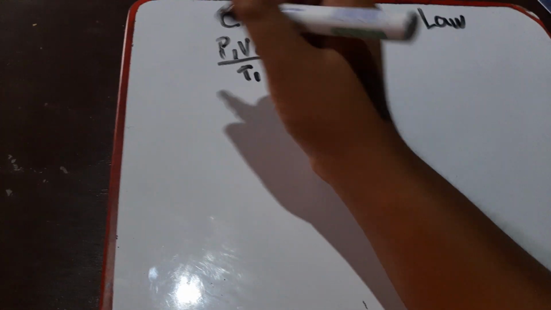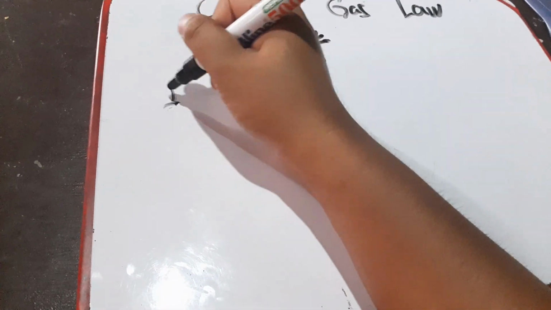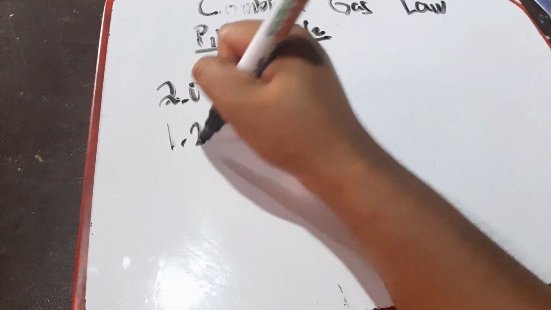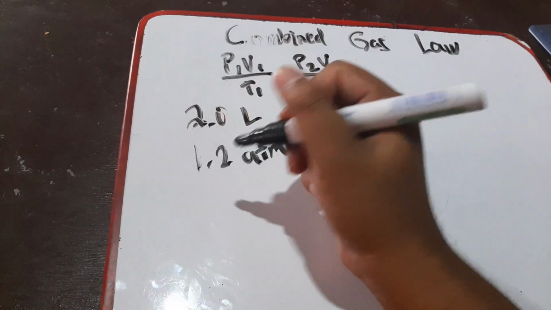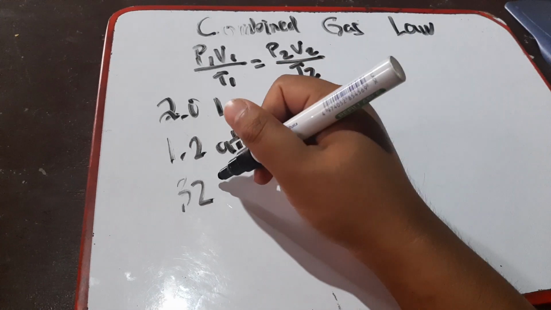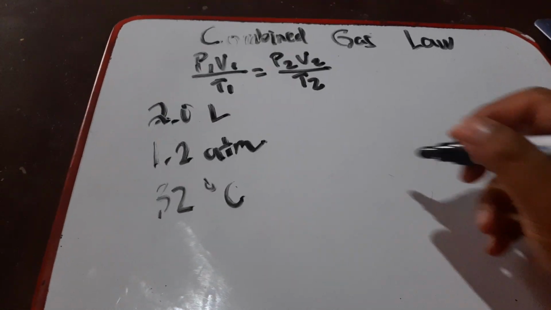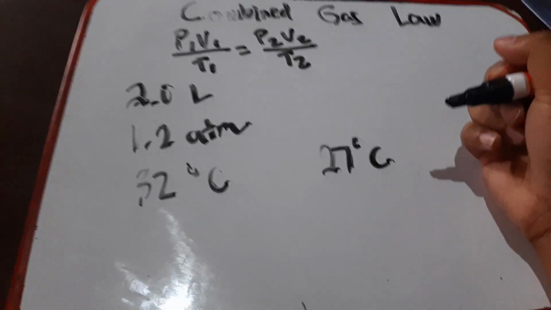I don't know if I got the correct idiom there. Anyway, say for instance, a certain balloon, which is 2.0 liters, has an initial pressure of 1.2 atm, and a temperature of 32 degrees Celsius.